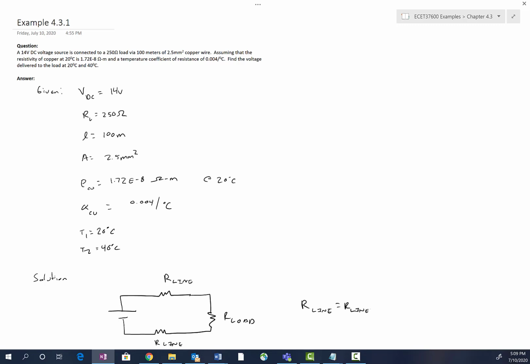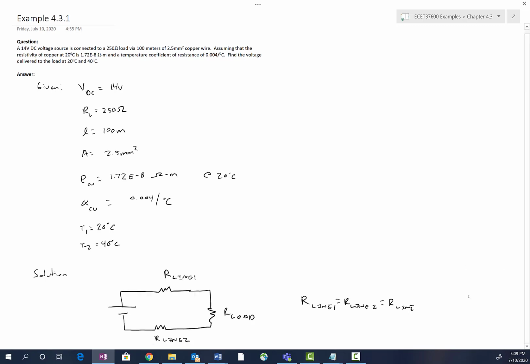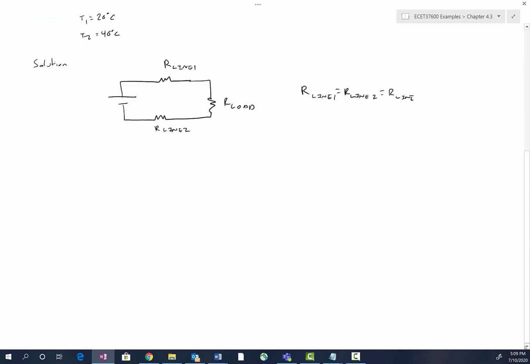So we need to figure out what our line is. Since it's 100 meters to and 100 meters from the load, those are going to be equal. So our line 1, the resistance of the line going to the load, is going to be the same in this situation. That's not always the case, but it is for this.